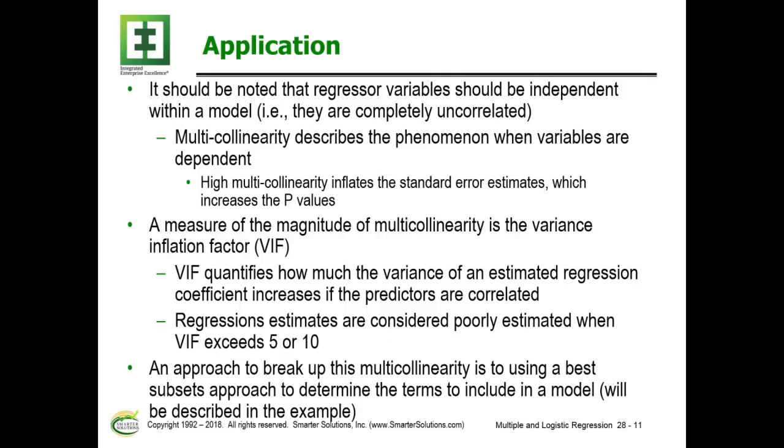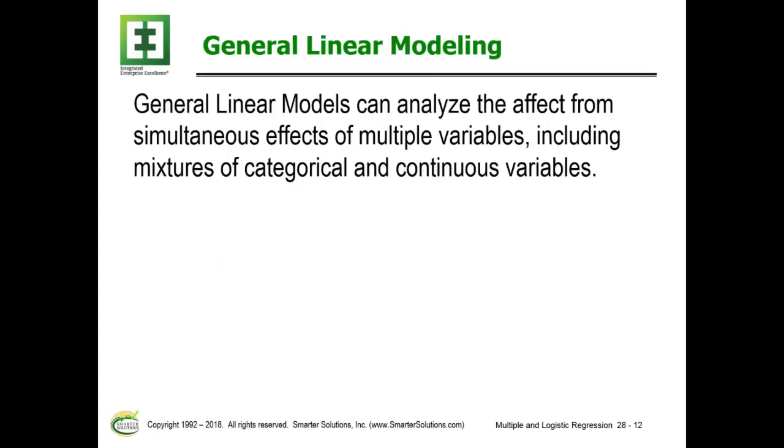So we want to address that in our analysis and in what we're actually doing along the way. Now, another technique involved in this is the general linear model. General linear models can analyze the simultaneous effects of multiple variables, including mixtures of categorical and continuous input variables.